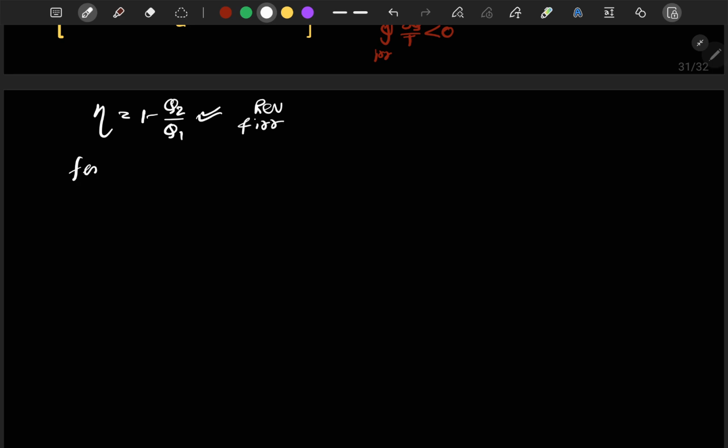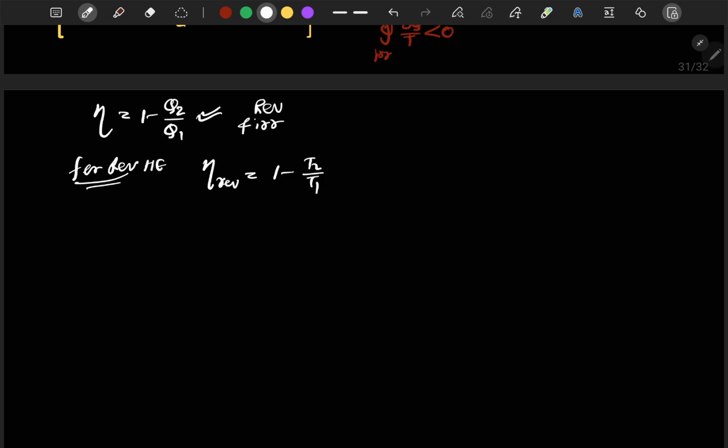But for a reversible heat engine, using the Kelvin temperature scale, we know that Q2 by Q1 can be written as T2 by T1.